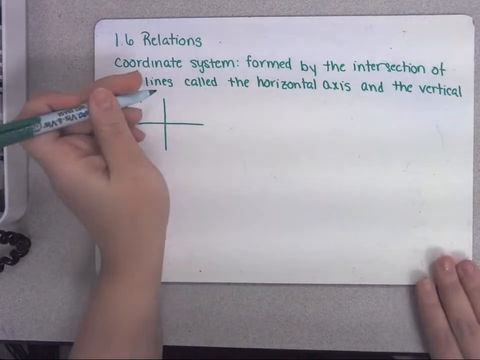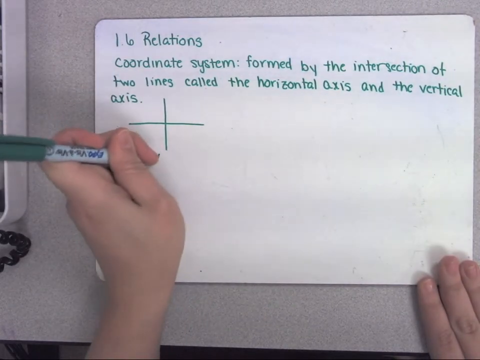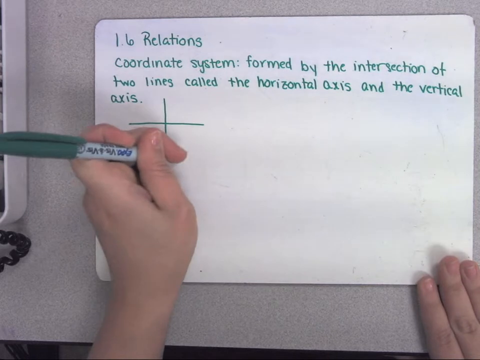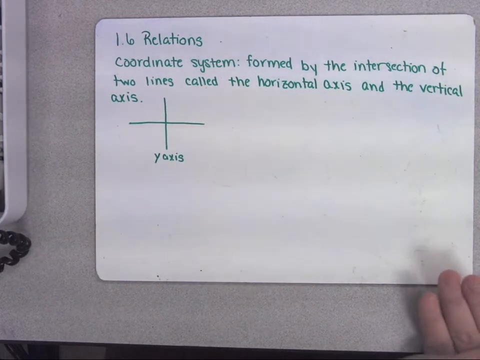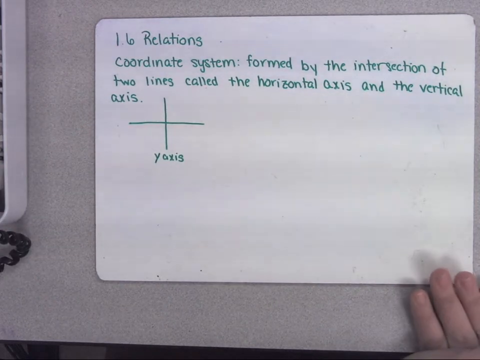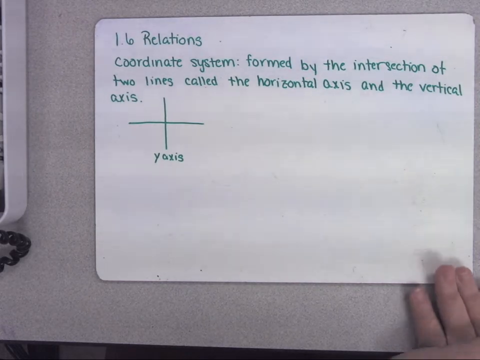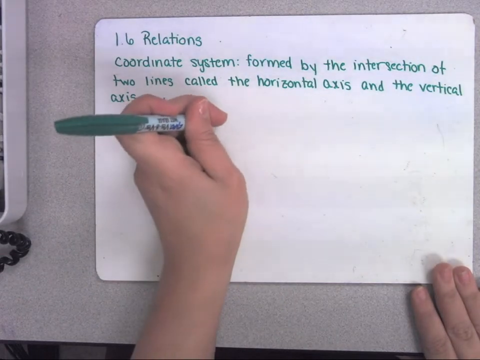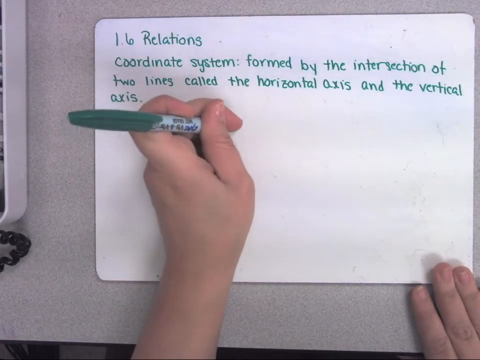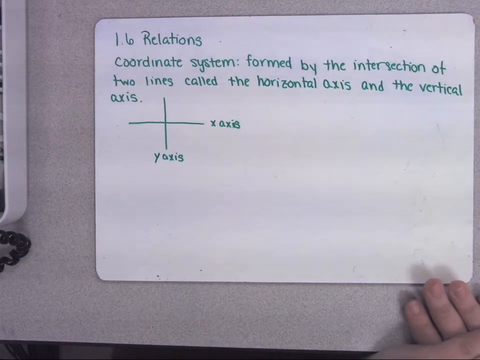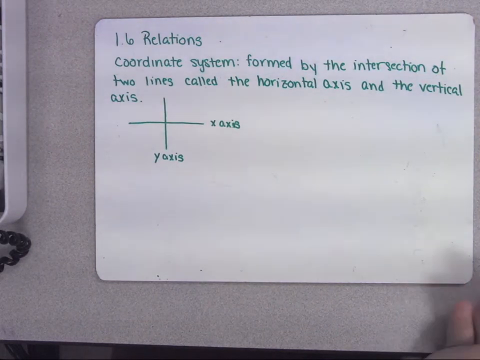The one that goes up and down is called the y-axis. You remember it because the y has the tail up and down. That's how you remember it's the y-axis, which means the left and right one, which is also called a horizontal line, is called the x-axis. We just call them x and y, but yes.